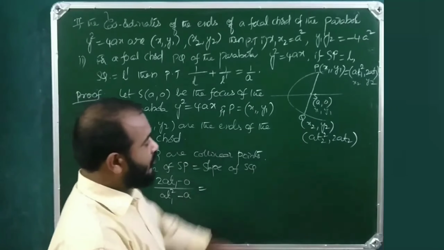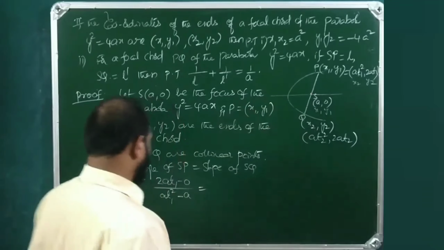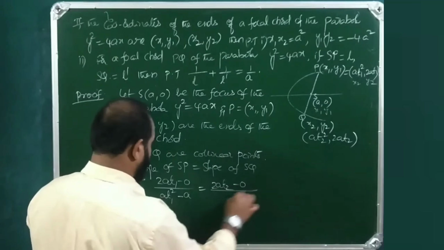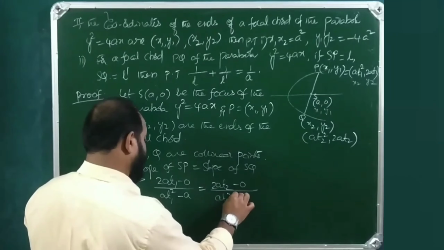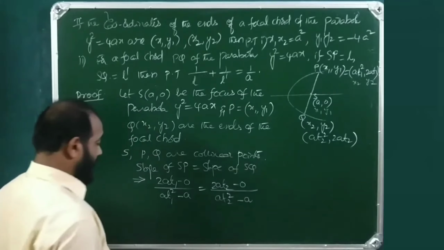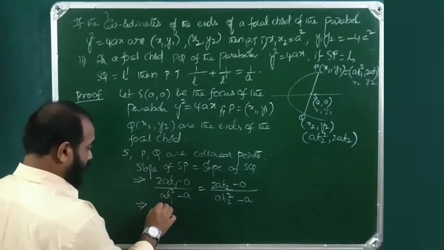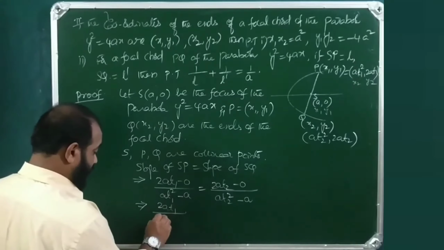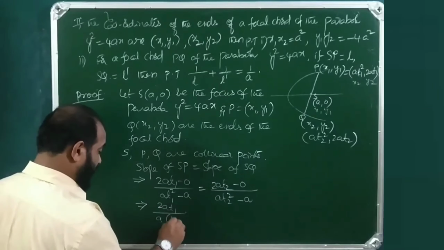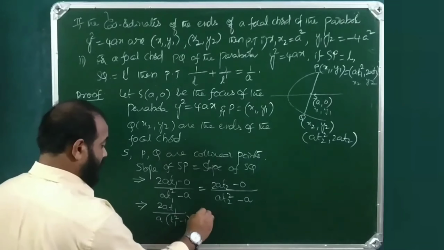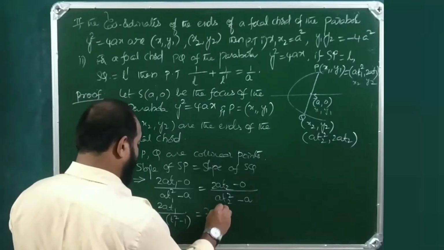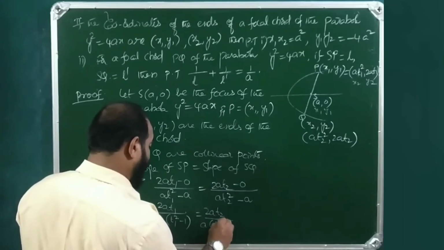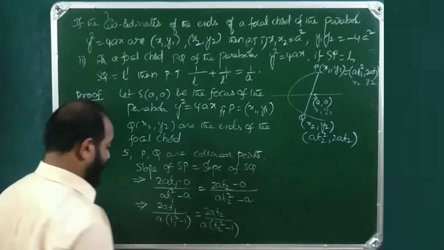This is equal to the slope of SQ, which is 2a t2 minus 0 by a t2 square minus a. This equals 2a t1 by, if I take a in common, t1 square minus 1, equals 2a t2 by a, taking common, t2 square minus 1.